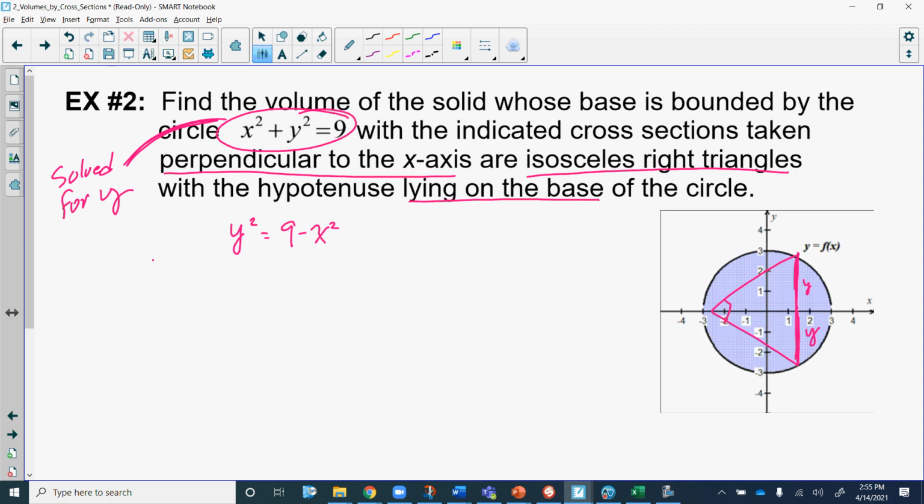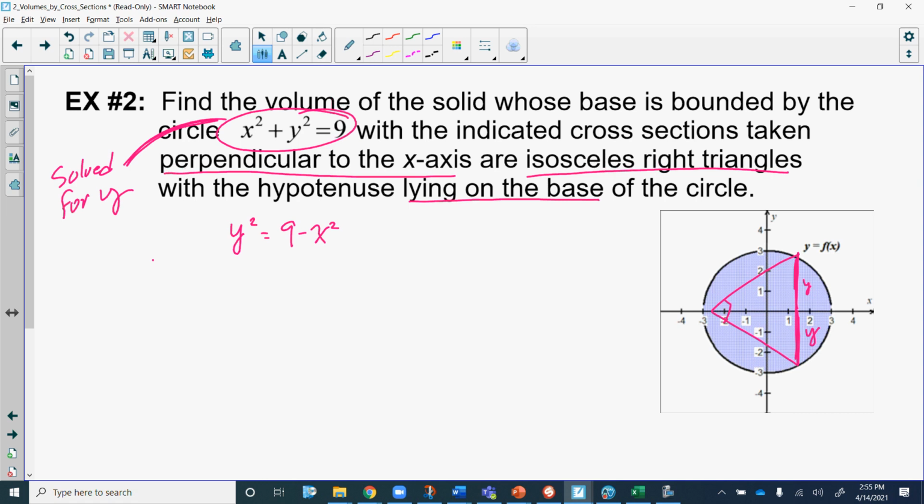I'm not thinking that we really need that area formula so much. I think because they're giving us a formula for the triangle that we can solve it in terms of y, we should be okay with that. But let's go back and look at the area formula.